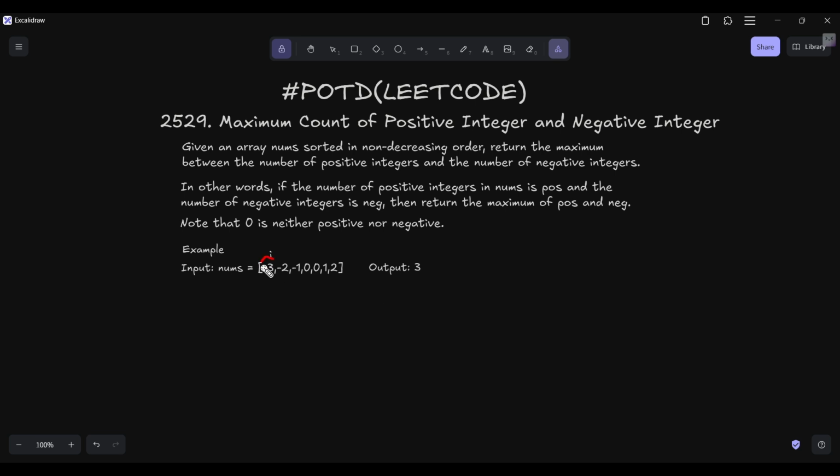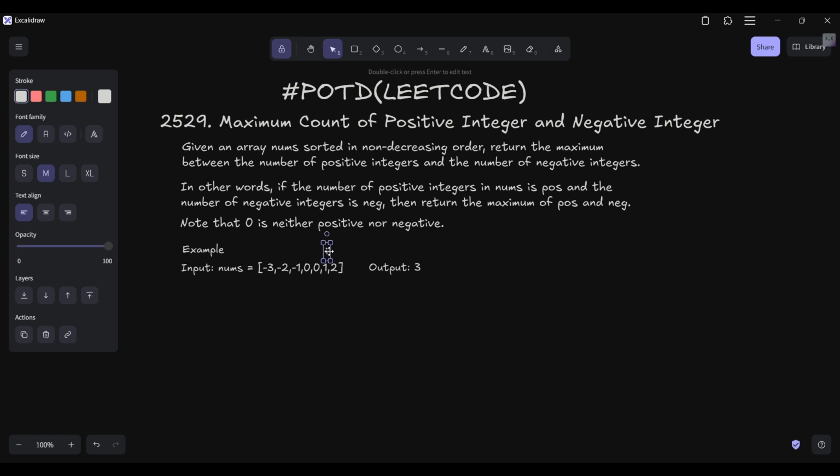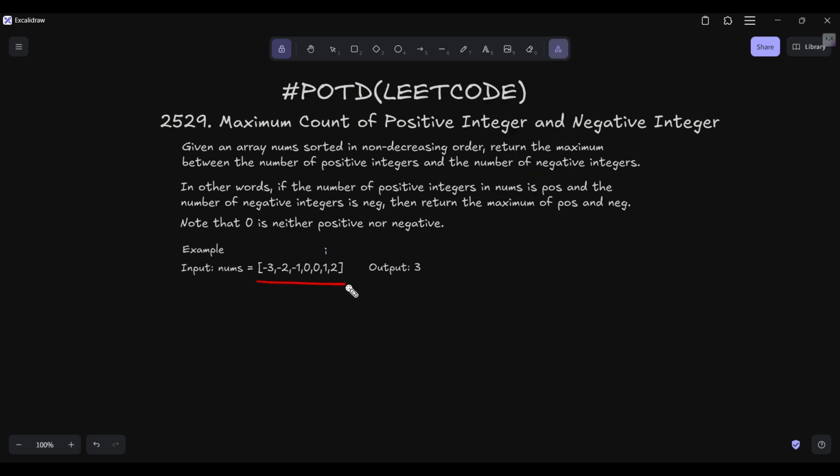Whenever we encounter a number smaller than 0, we increment the negative count, and whenever we get a number greater than 0, like 1 or 2, we increment the positive count. Whenever we get 0, we don't do anything, we simply iterate. That is basically the brute force. At last we return the maximum of those two counters.